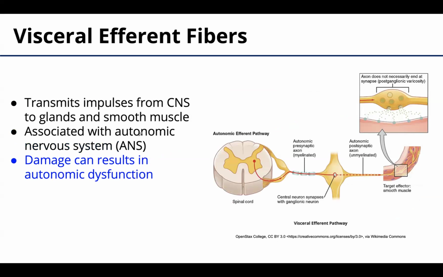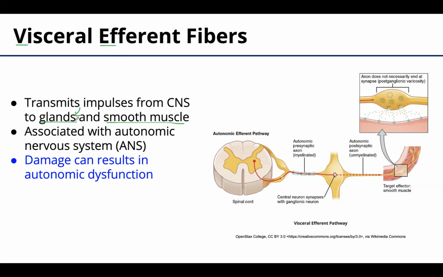Now, those muscles of the heart, as well as the gut tube and blood vessels, those are going to be controlled by visceral efferent fibers. And these fibers are transmitting impulses from the central nervous system to mostly smooth, but also cardiac muscle, as well as to glands. So sometimes you think of muscles, but don't forget that it can cause an effect in terms of secretion of glands.